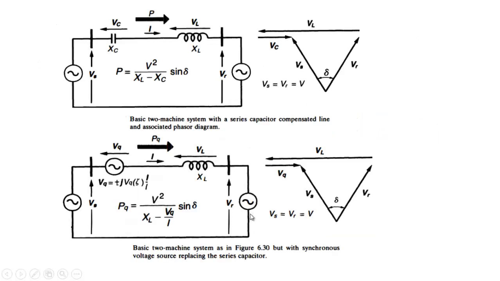So its output should be such that its voltage is again in phase opposition to the voltage across this.